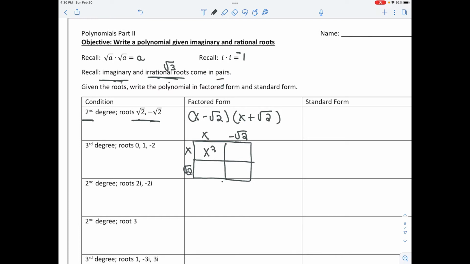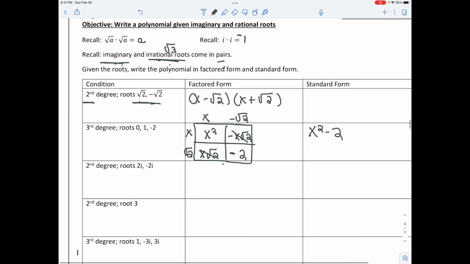Recall multiplying these together, x times x is x squared, x times minus radical 2 is minus x radical 2. x times radical 2 is x radical 2. And then radical 2 times radical 2 is going to be negative, because that one's negative, the square root of 4, which is simply 2. So notice these two zero out, and I'm simply left with x squared minus 2.